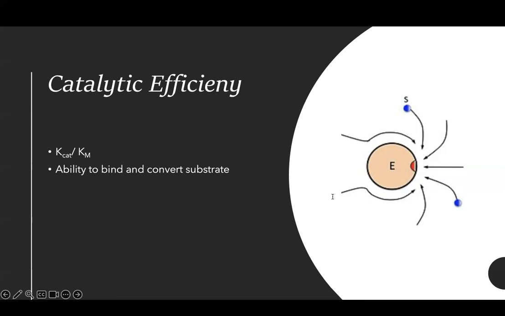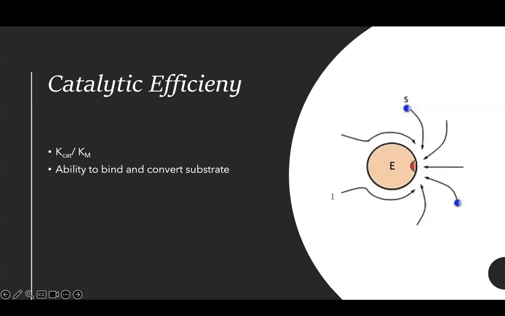The upper limit of catalytic efficiency, the highest an enzyme can reach, would be the diffusion limit, because essentially this would mean that as soon as a substrate and an enzyme come together and build the enzyme-substrate complex, it immediately gets converted into product. So that would be the fastest an enzyme could react.